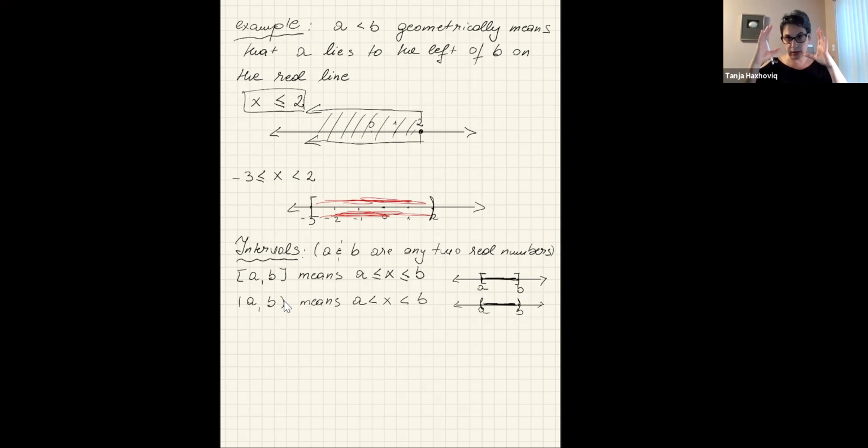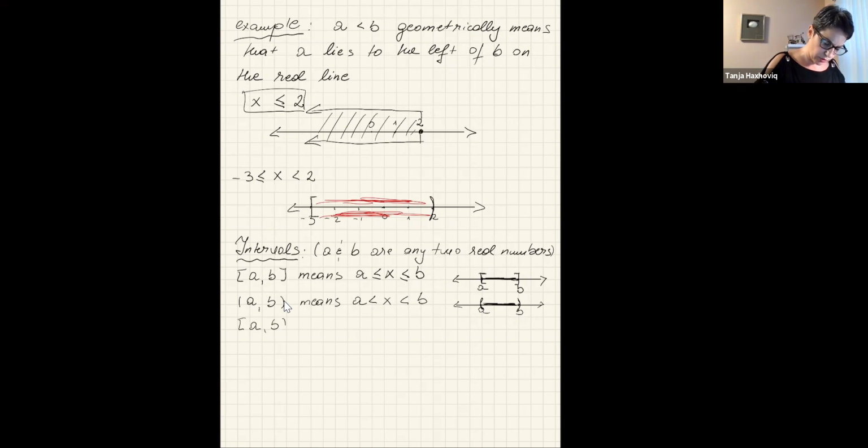So the round brackets indicate that A and B are not part of this bunch of numbers.